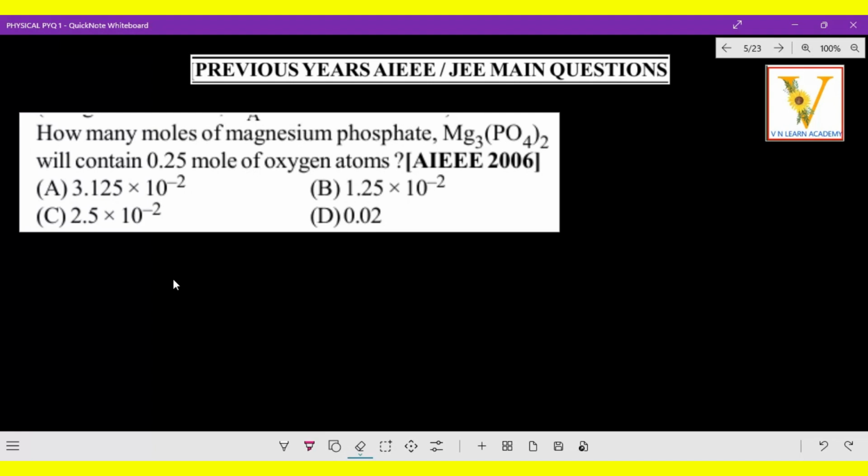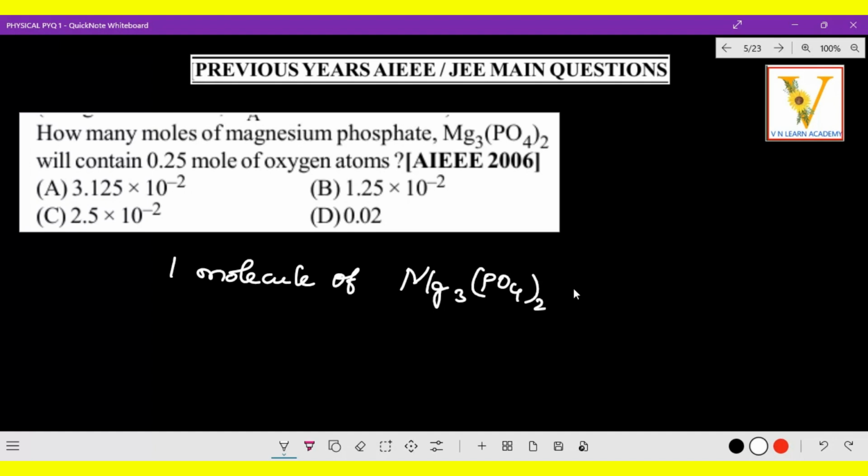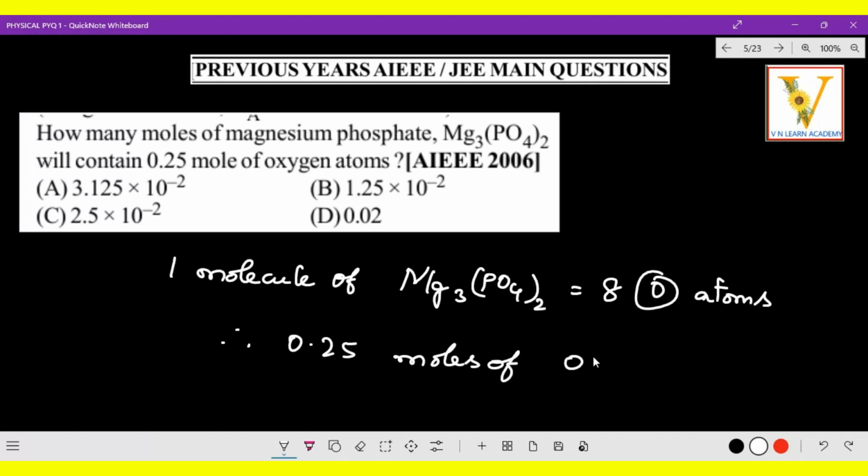So one molecule of magnesium phosphate, Mg3(PO4)2, has how many oxygen atoms? 8 oxygen atoms. Therefore, 0.25 moles of oxygen atom, how much are they asking?